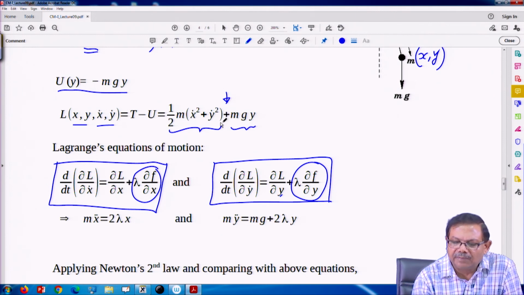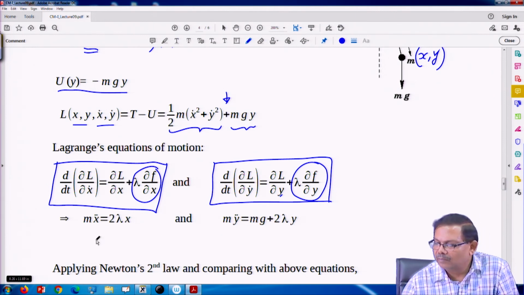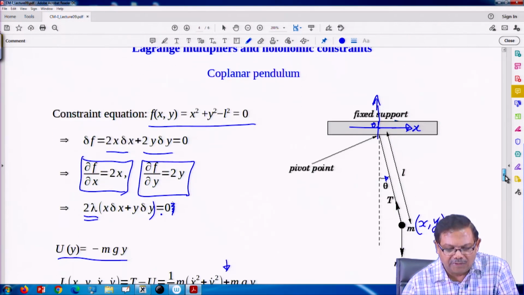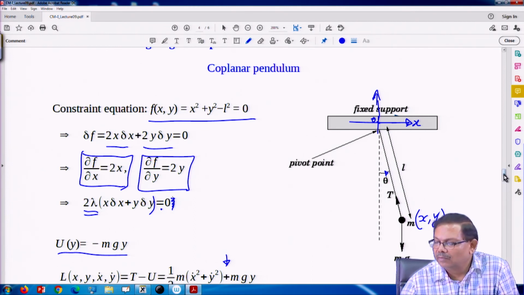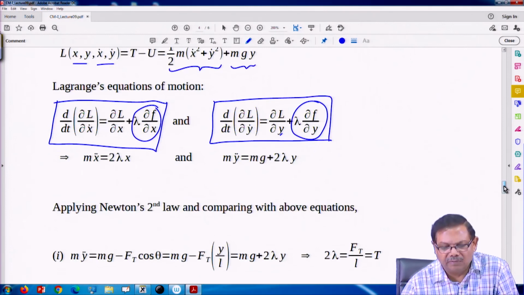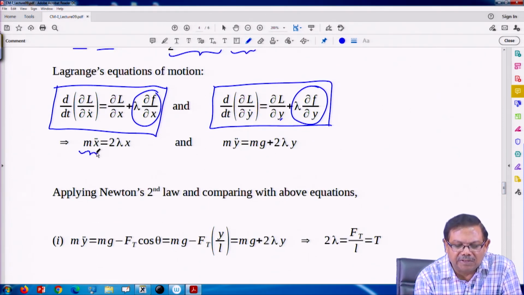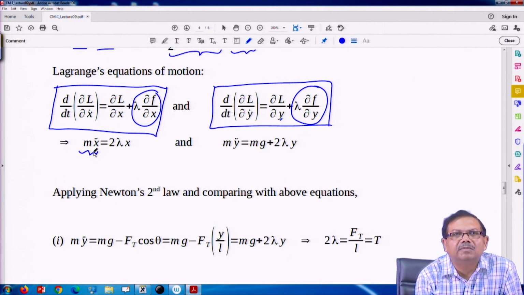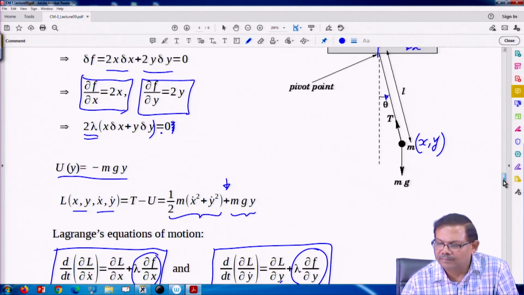So, we have the expression for the Lagrangian, we know f, and we have already seen ∂f/∂x is 2x and ∂f/∂y is 2y. Wherever they are coming, we will put that. The left-hand side will give m x double dot, and since the potential energy depends only on y, x does not appear.